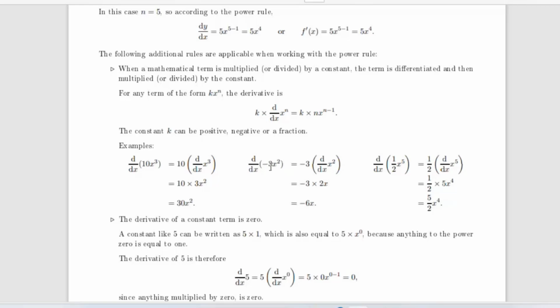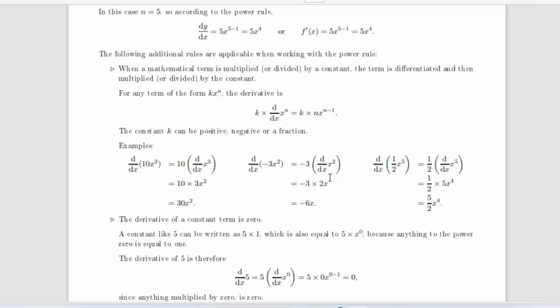We take the power, we bring it in front of x, then we subtract 1 from the power. So we end up having -3 times 2, x to the power 1. Then we end up having -6x. Are we in agreement? Yes, sir.